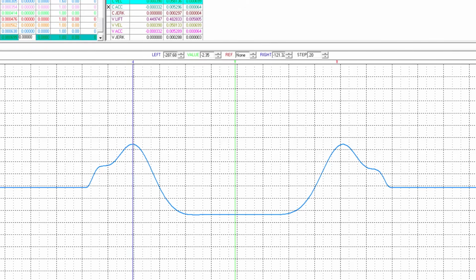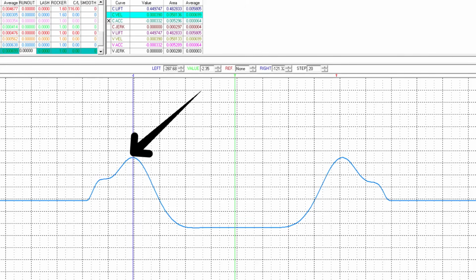But velocity is the rate of change of lift. The next, and pretty close to the most important derivative, is acceleration. And acceleration is exactly what you think it is. Acceleration is the rate of change of velocity. And that's where you can really get in trouble.